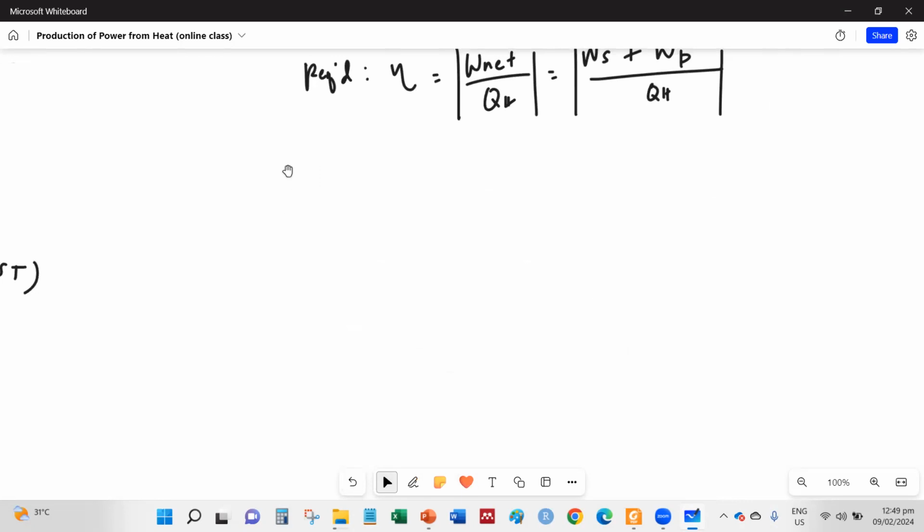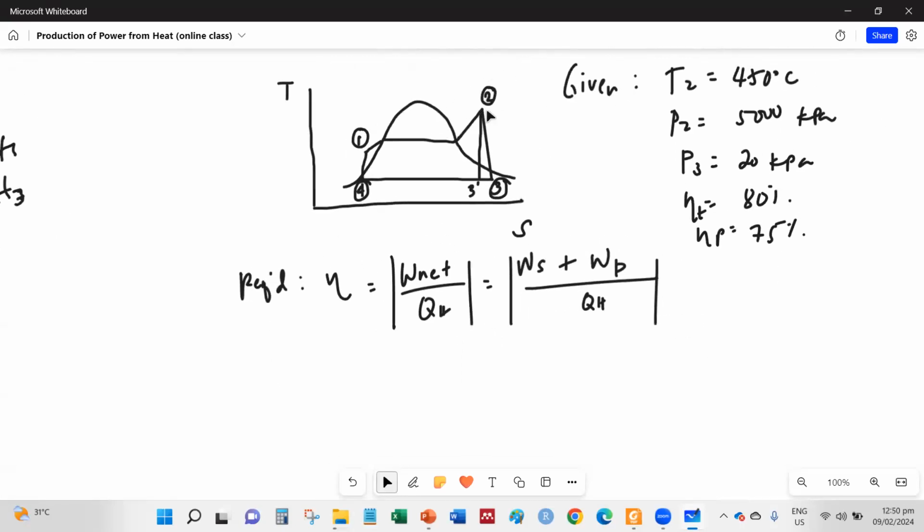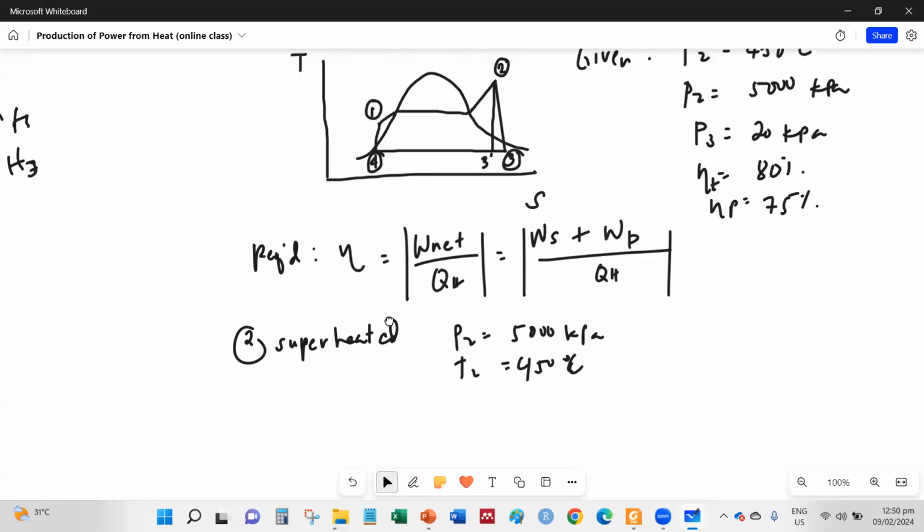We begin the analysis at point 2, which is the superheated vapor or steam at the entry of the turbine. At this point, P2 is 5,000 and T2 is 450 degrees Celsius. We can easily read the properties from the steam table.